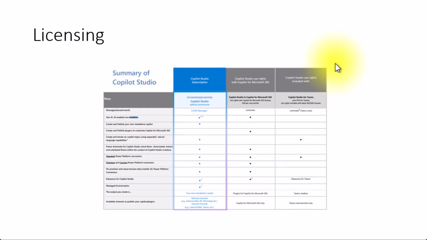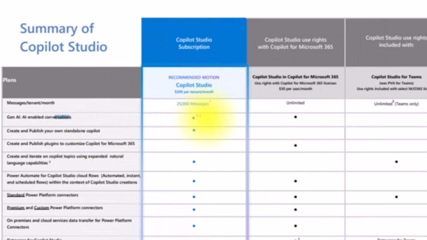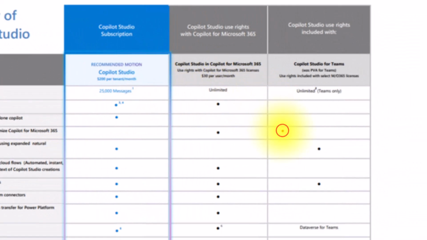Okay, so Copilot Studio. We have several options to use Copilot Studio and licensing. One of them is just the Copilot Studio subscription, and you pay for 25,000 messages.